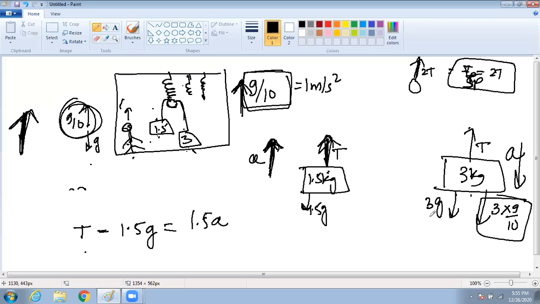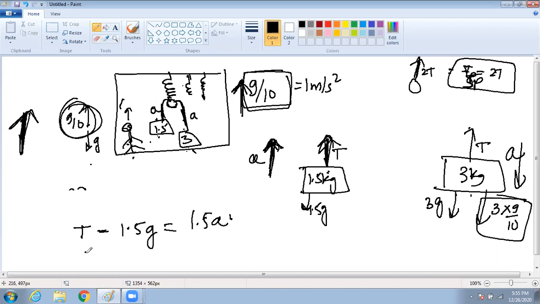Sir, I have a doubt: A is the acceleration of the lift. A is the acceleration of which A? This one, the pulley, and the string moving up and down. And here it will be what?